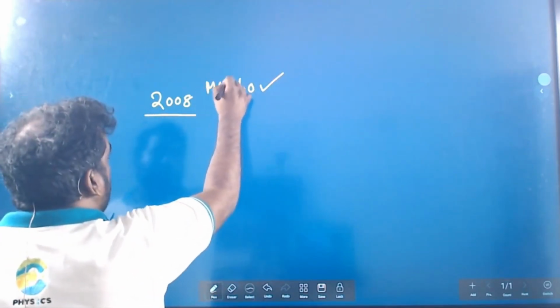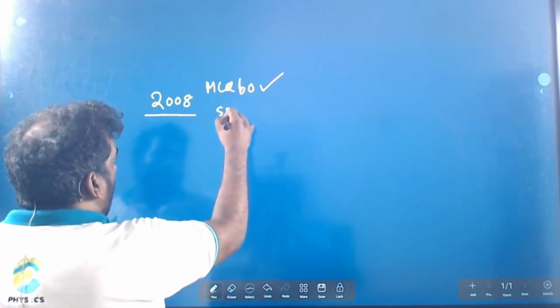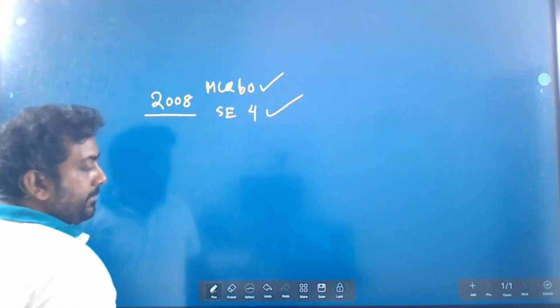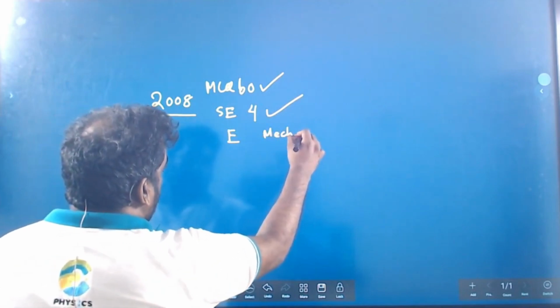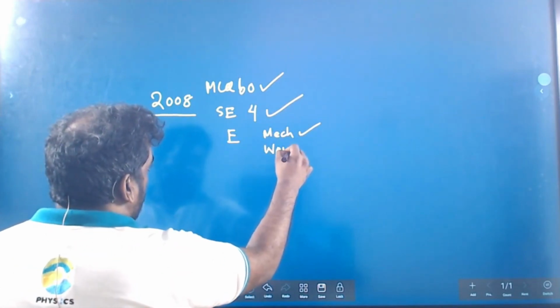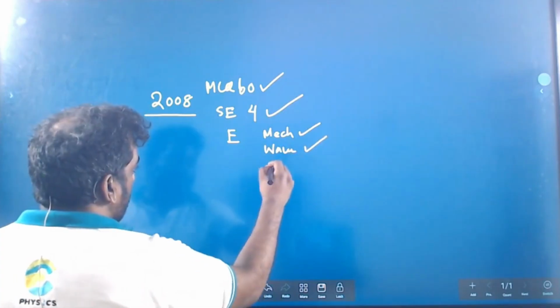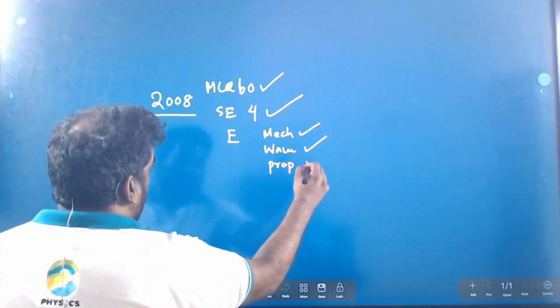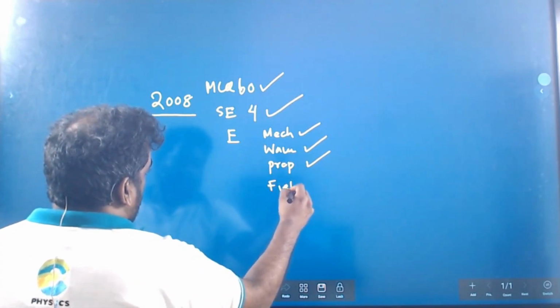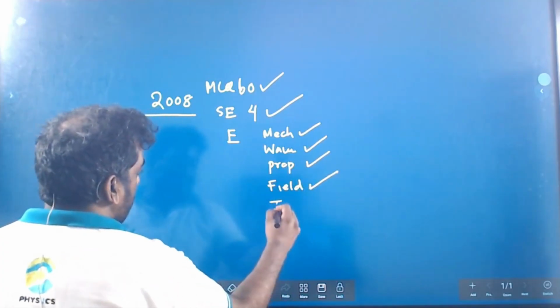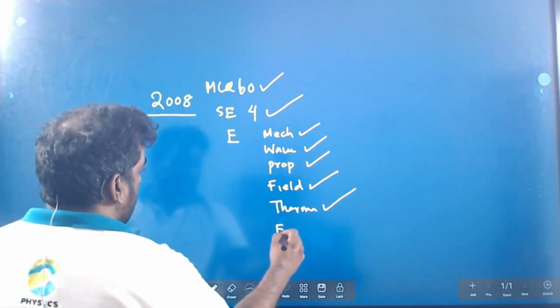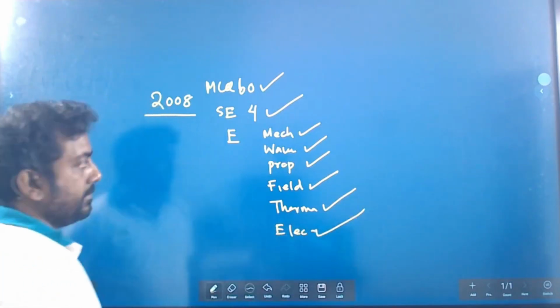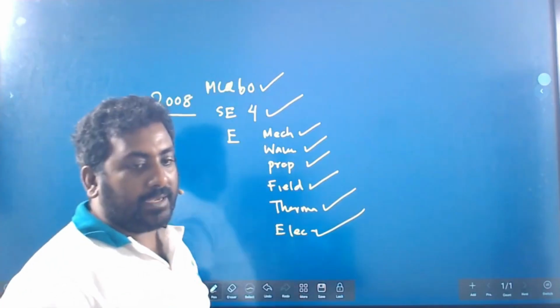All 60 MCQs done. All the 4 structured essay done. Essay, mechanics question done. Waves question done. Properties of matter done. Fields question done. Thermal question done. Electricity question done. All these completed.